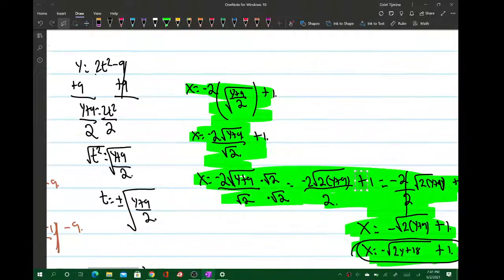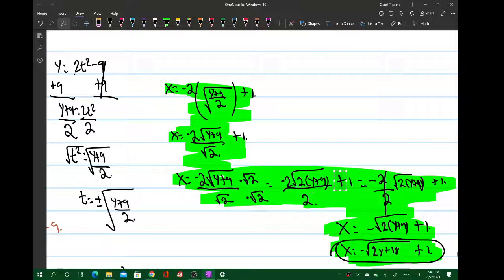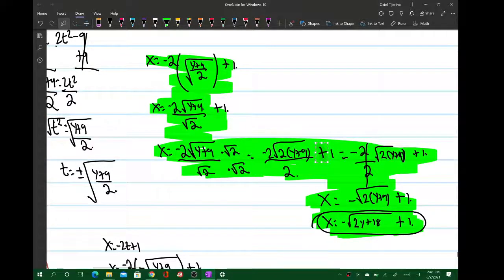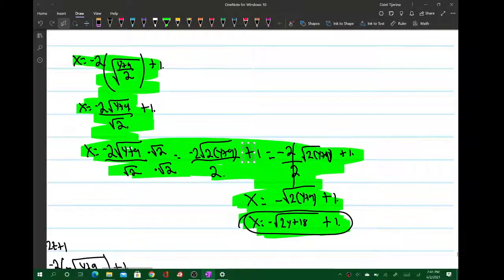Then I split it into two different square roots, since it was the square root of a fraction. Then I rationalized the denominator. I got negative 2, and I put the 2 inside the square root, so I said 2 square root of the quantity 2 times y plus 9, and then all over 2, because the bottom is just 2, since the square root cancels out.